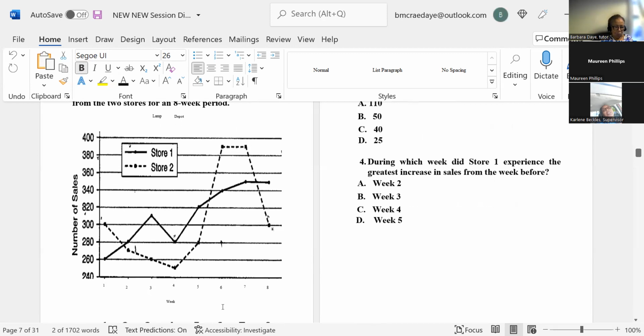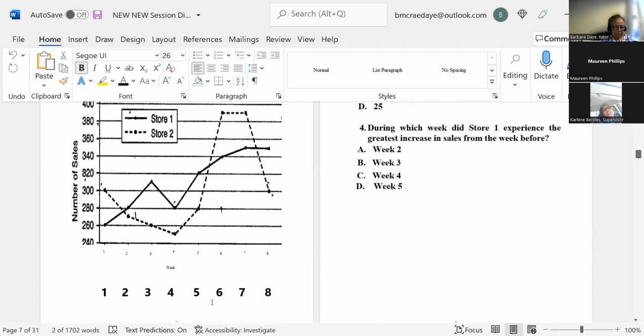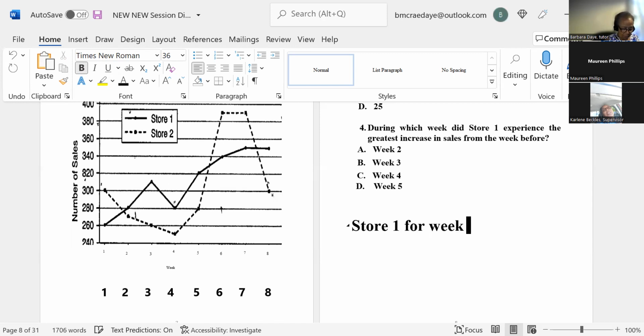Let's go back down to week 6. Week 6 is here. Go up to week 6. We'll say for week 6 it was 340. Okay, so week 6, and that's store 1. Let's put store 1 for week 6, and you say that's 340, right?